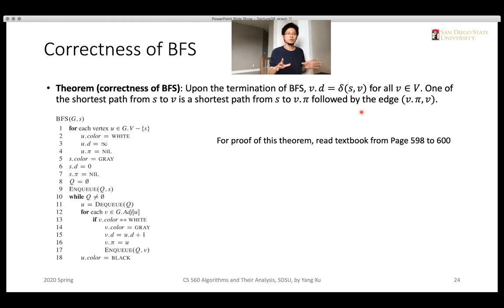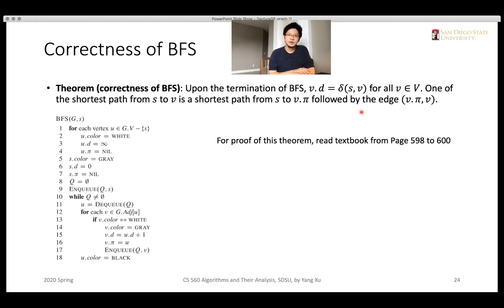So I will say it again. This theorem basically says that after BFS is done, the D attributes record the shortest path from S to that vertex.